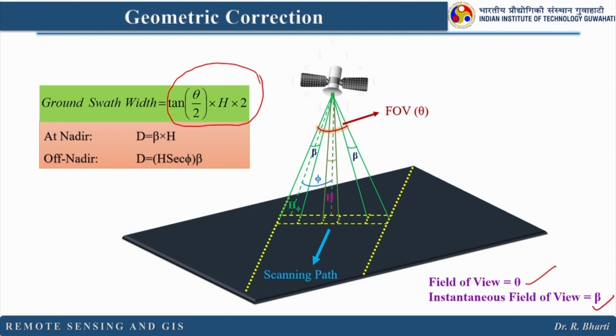At nadir, D is equal to beta into H, but off nadir, D is equal to H sec(phi) into beta. So, this is how your pixel size will vary in case your sensor is looking at some angle, whereas in case of vertical photographs, this error will be minimum, right.